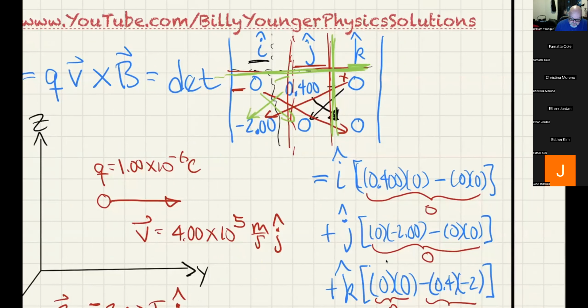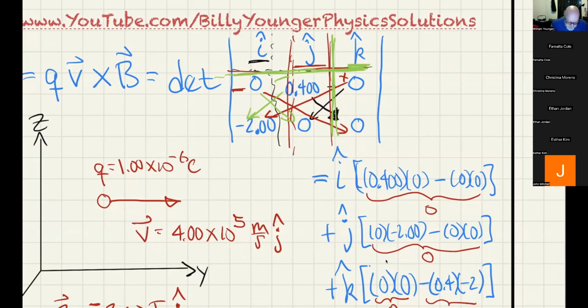I multiplied those first, and then I did the top left 0, which is right under the K hat, and the top right 0, excuse me, and then the bottom left 0, which was 2 below the J hat. And that's how I did that.